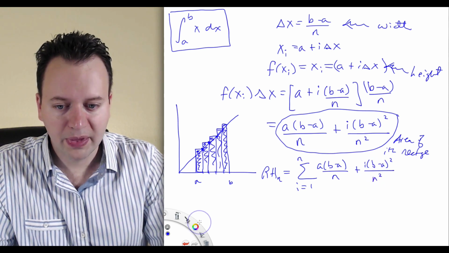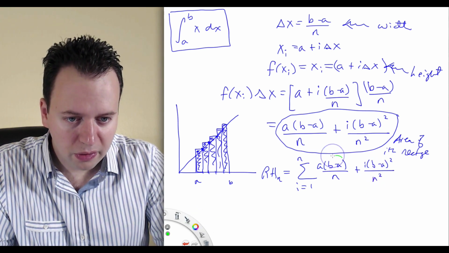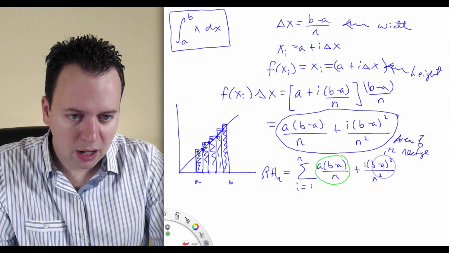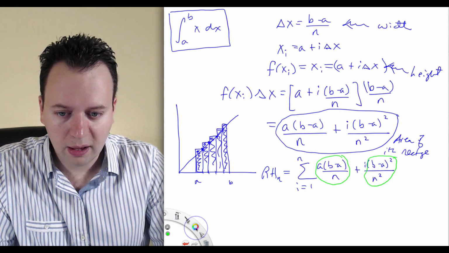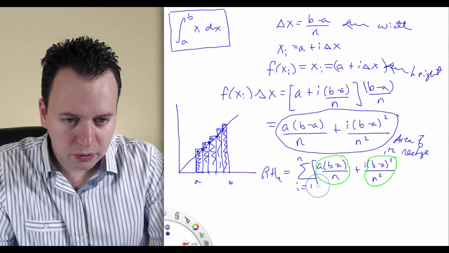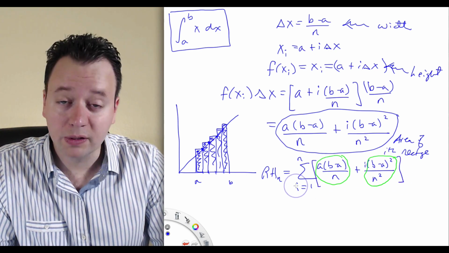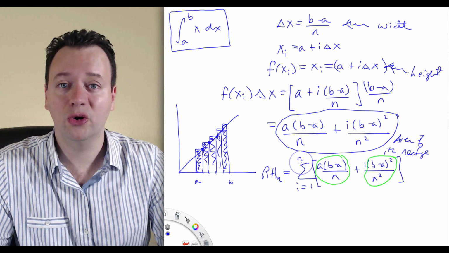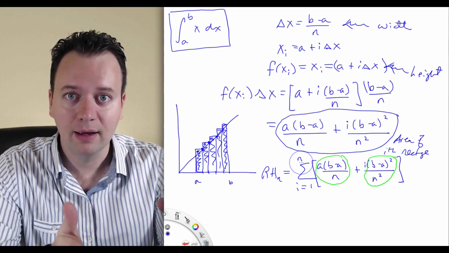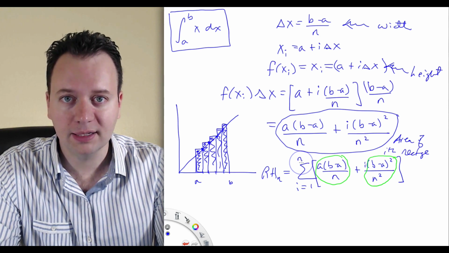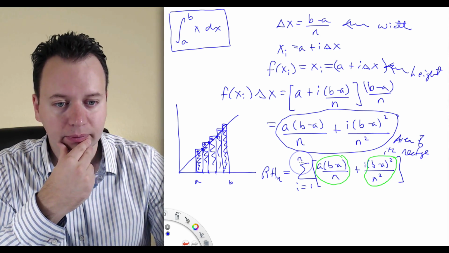n squared. Now, this is a constant, and this is a constant relative to the sum. So it's the sum i goes from 1 to n, so we're treating everything else as though it's fixed and just changing i. We have the term i equals 1, i equals 2, and so forth.